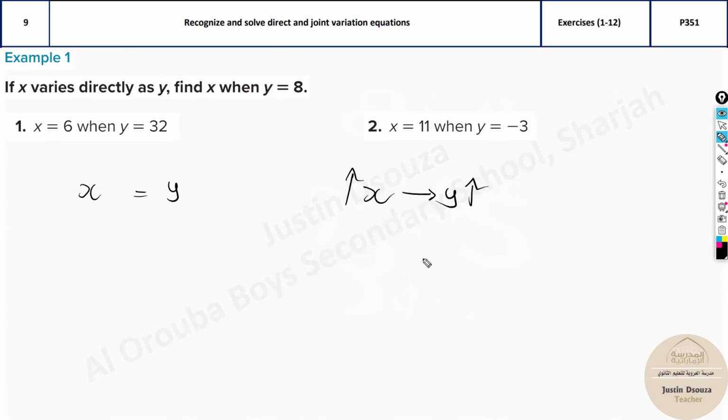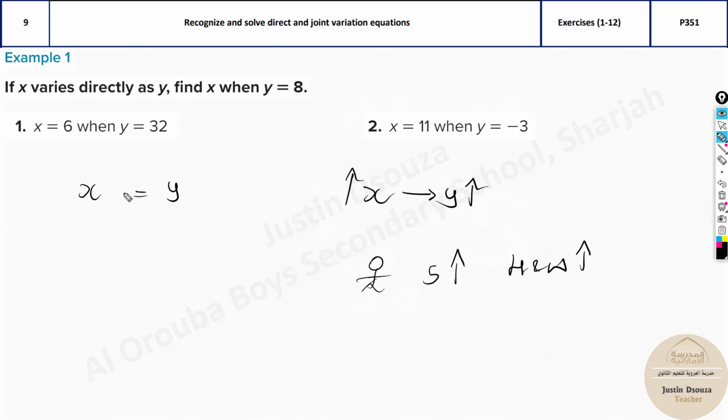For example, a boy who is very young, say 5 years old: as his age increases, his height and weight also increase as he grows, isn't it? So this is a direct variation.